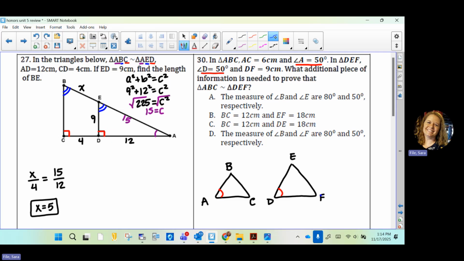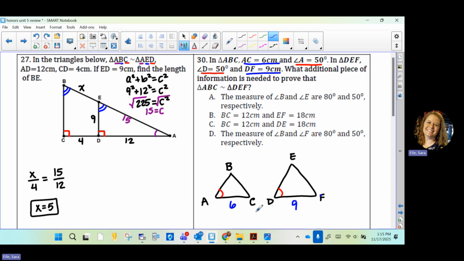And then they tell us that DF is 9 and AC is 6. Okay, and those would correspond to each other the way that they wrote this. AC is to DF. So these would be corresponding. So what would the ratio be? What's the scale factor there? What is it?